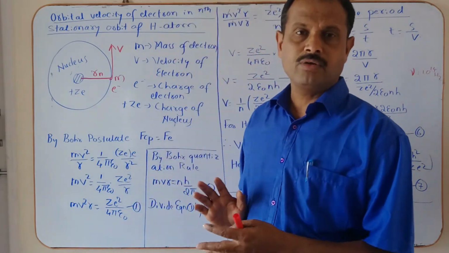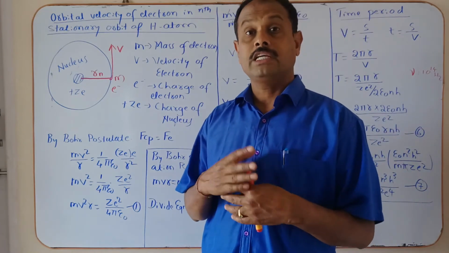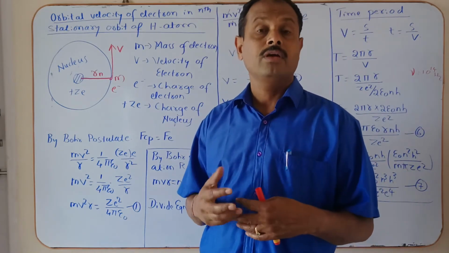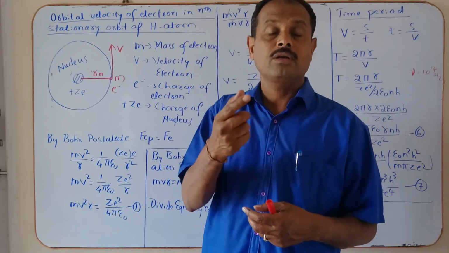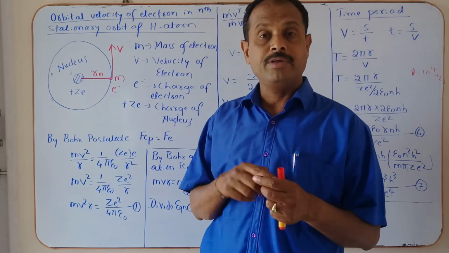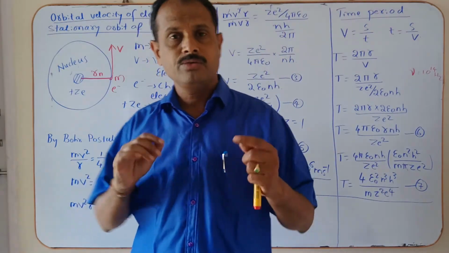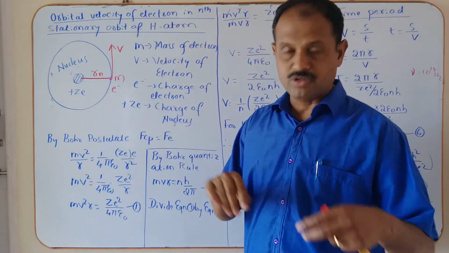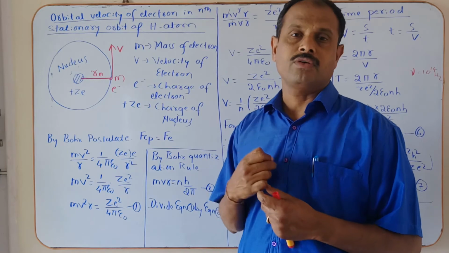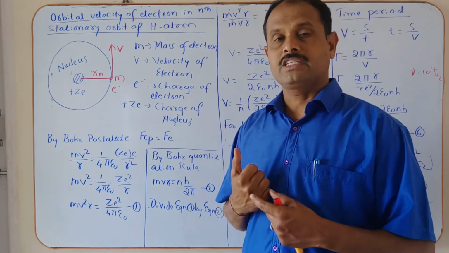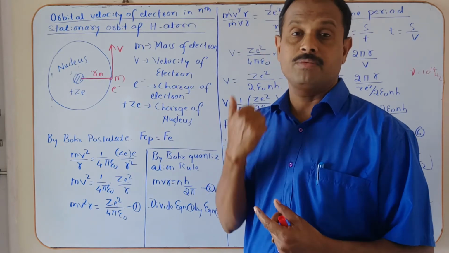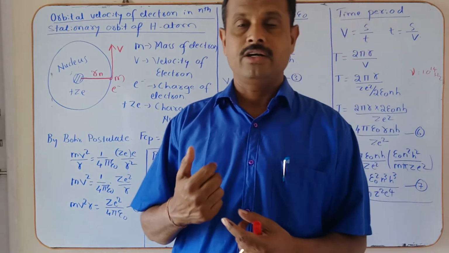In this video clip I want to discuss the expression for the velocity of the electron in the nth orbit of the hydrogen atom, and time period and frequency. Again, using Bohr's postulate and Rutherford concept, you have to obtain the equation of the orbital velocity of the electron in the hydrogen atom.